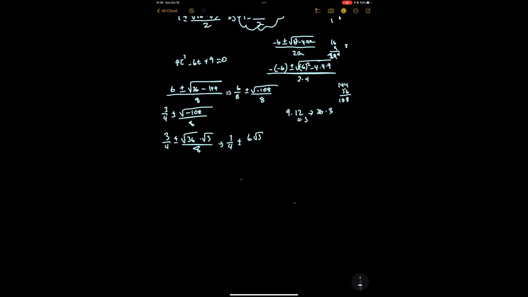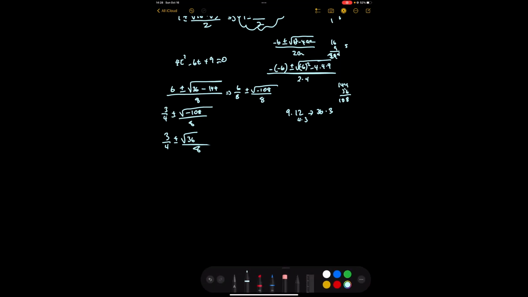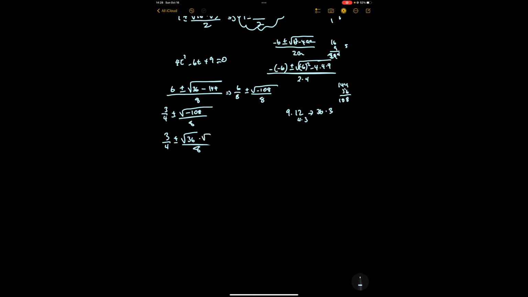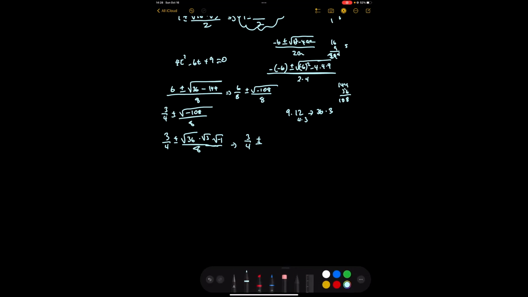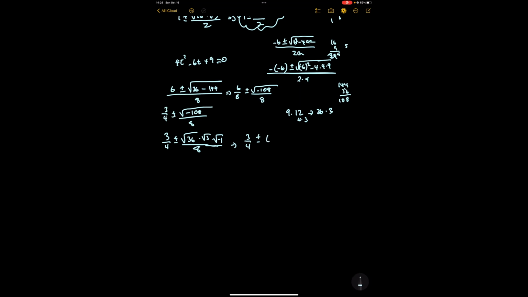Oh, my bad. That's a negative 3. I almost messed up right here. Hold on. Remember, it was a negative number, so we're going to have times the square root of 3 times the square root of negative 1, which will be equal to 3/4 plus or minus 6.